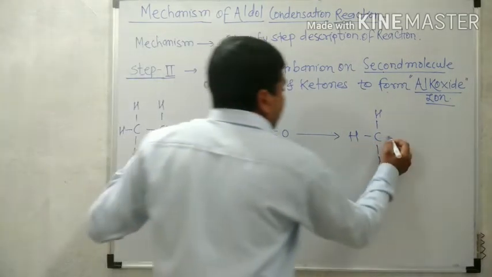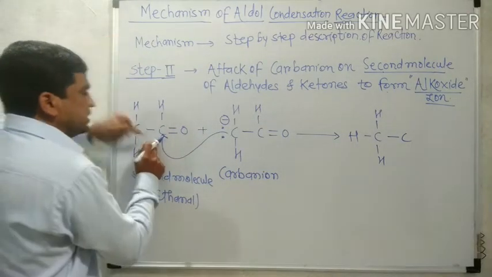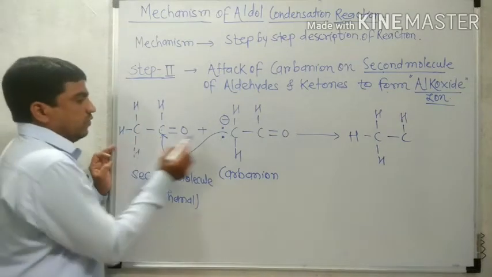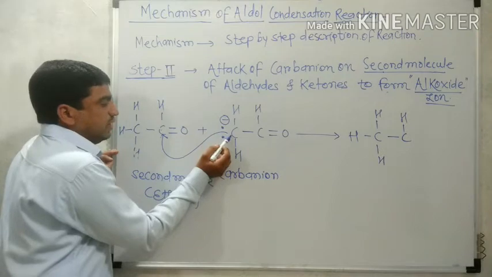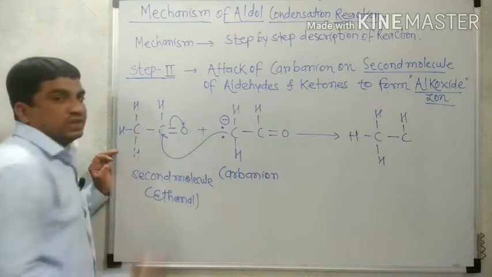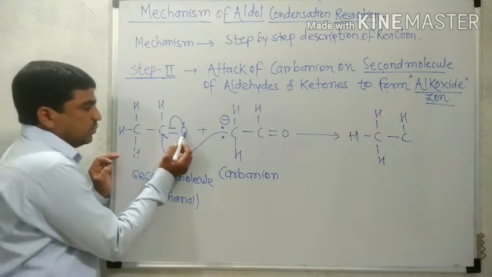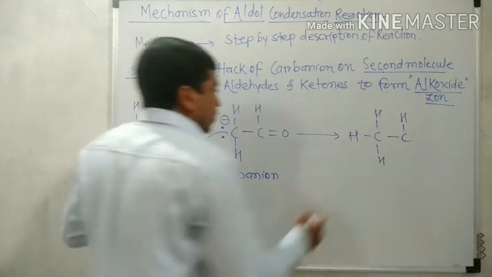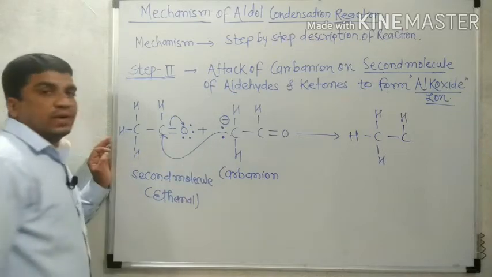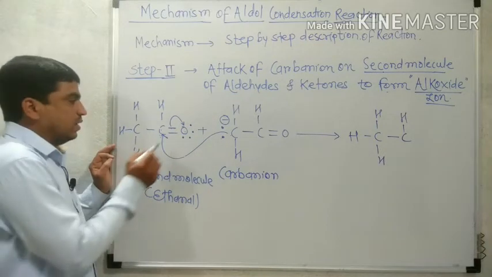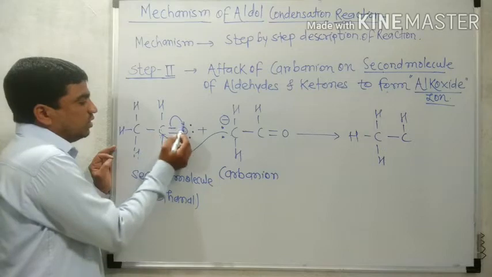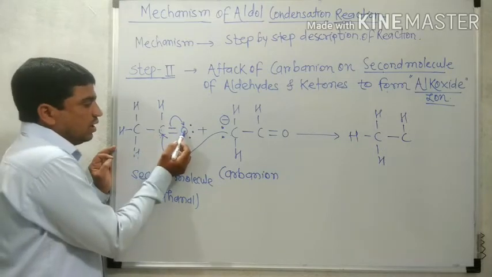Now connect these two carbons. After donating the electron pair from this carbon to this carbon and forming a single bond, this bond pair shifts toward this oxygen atom. Now what happened? This oxygen atom of the carbonyl group already has two electron pairs. Now the electron pair of that bond shifts toward this oxygen, because this oxygen is more electronegative.